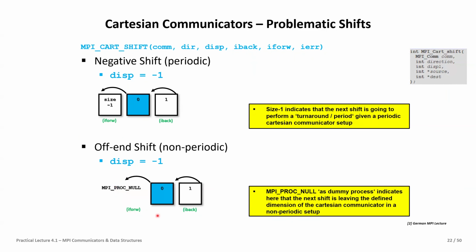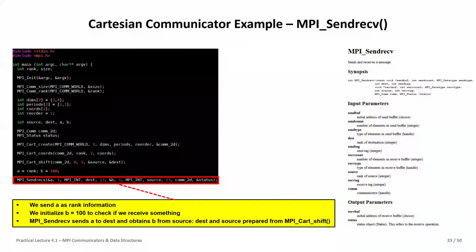You should have that in mind when you define a placement. In the non-periodic setup, if you always continue with a shift, you end up in MPI_PROC_NULL, meaning you're at the end of the Cartesian grid. With a periodic setup, this problem basically doesn't exist, because you will turn around, as we have discussed.